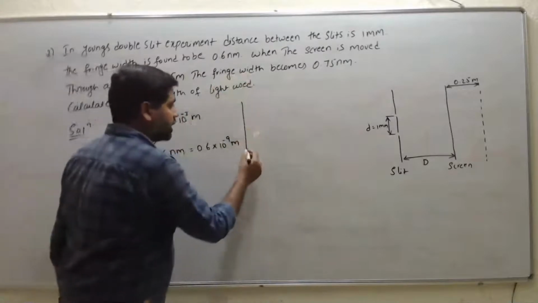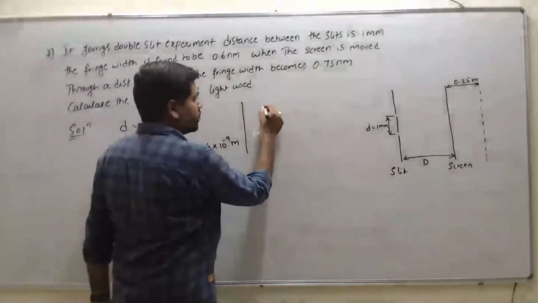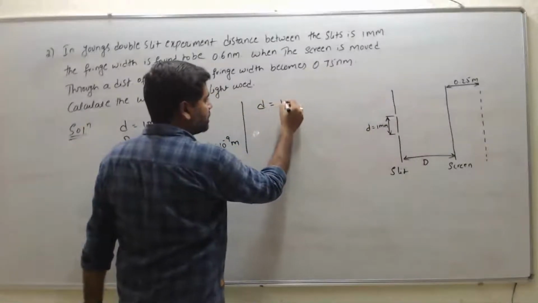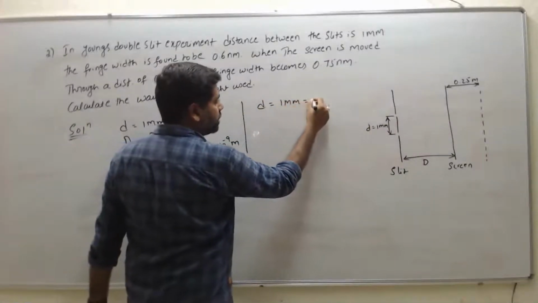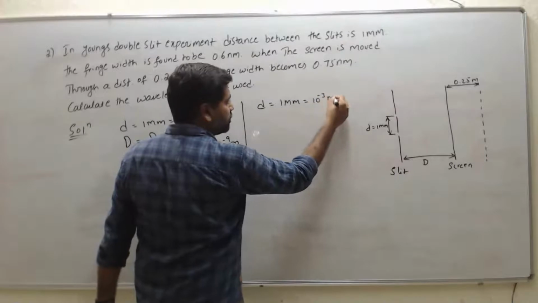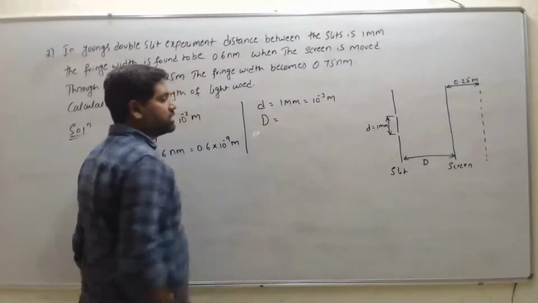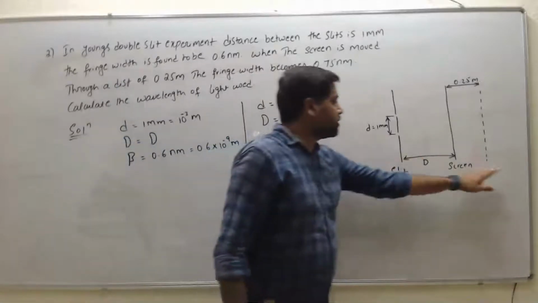For the second case, the distance d is the same, that is d is equal to 1 millimeter, that is 10 to the power of minus 3 meter. Next, capital D, the distance between the slit and the screen.